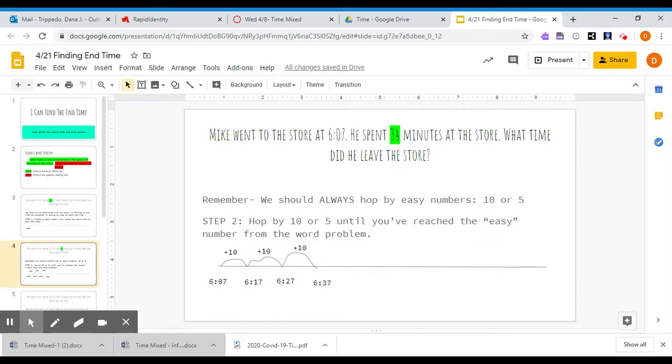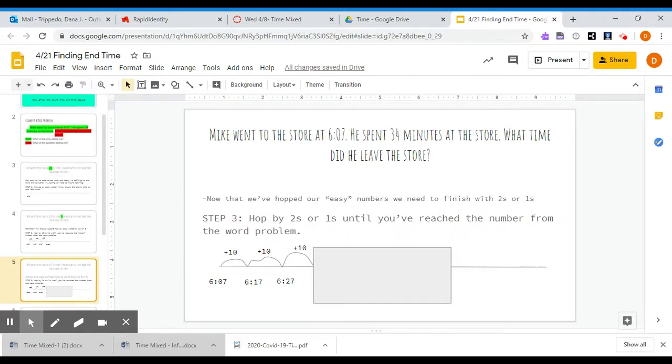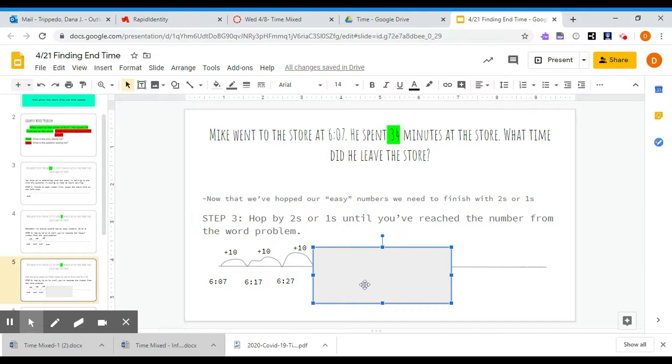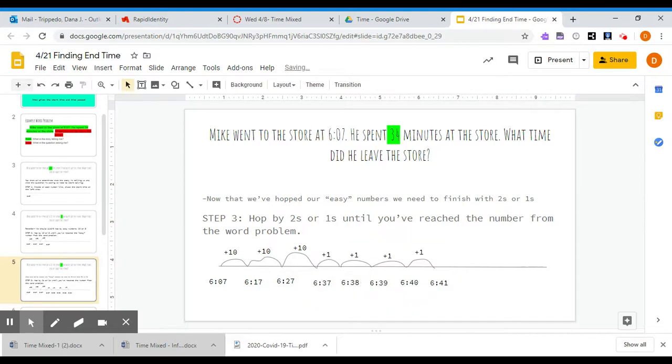We now have to hop by those smaller easy numbers, twos or ones, until we reach the number in the word problem. And remember, that number is 34. So you can see here's our 30 that we've already done. As you guys have come to figure out, I like to hop by ones to leave no mistakes.